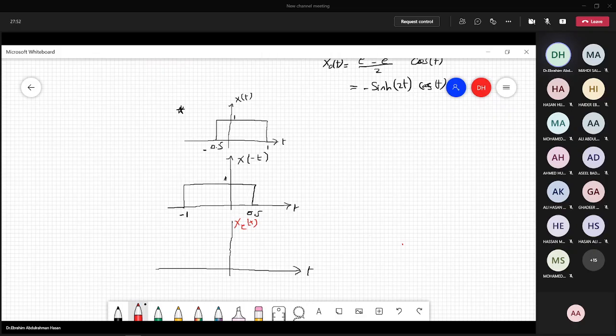So see here, before -1 and before -1, this is equal to 0 and this is equal to 0. So until -1, it is equal to 0. Okay, between -1 and -0.5, this is 0, while this one is equal to 1 divided by 2, so it becomes half.